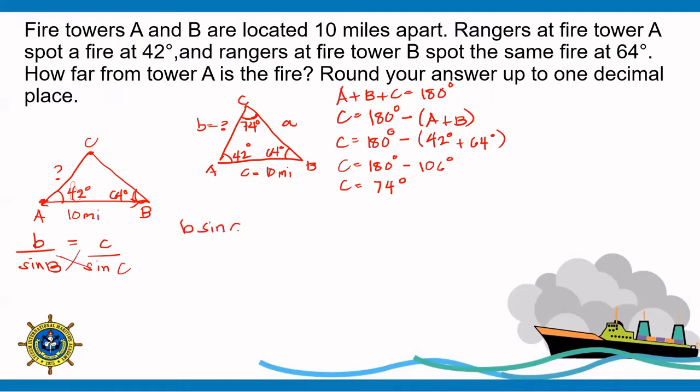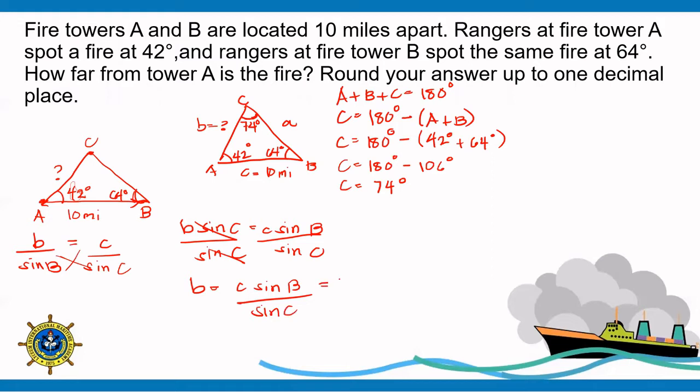B sine C is equal to C sine B. So to solve for the value of B, divide both sides of the equation by sine C. Yan. So makakancel po yung ating sine C. So therefore, B is C sine B over sine C.